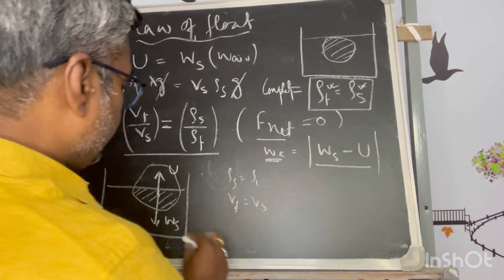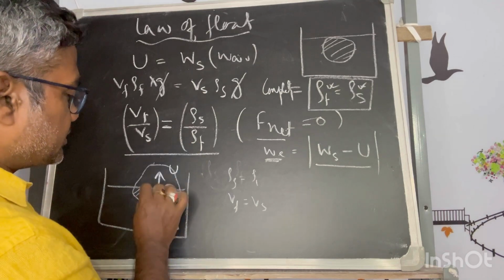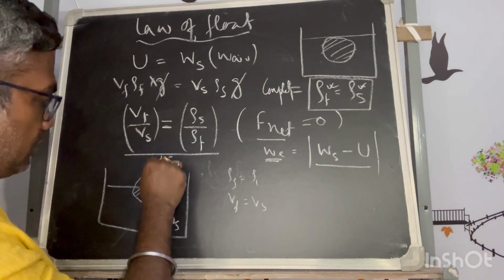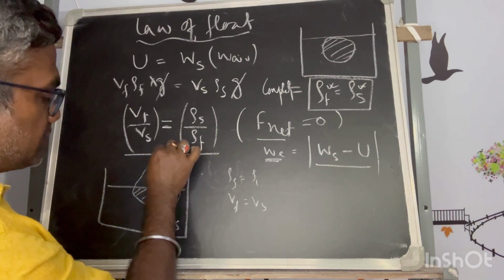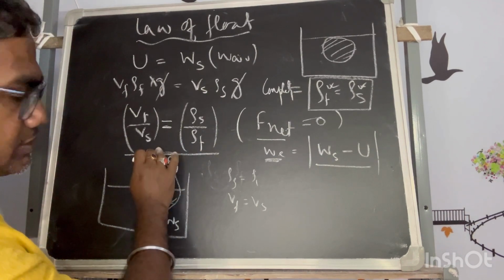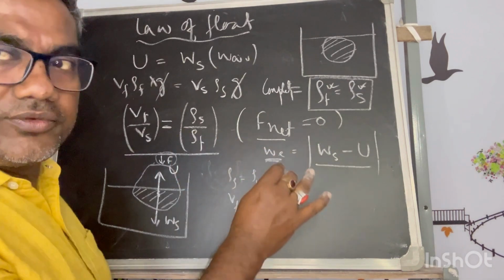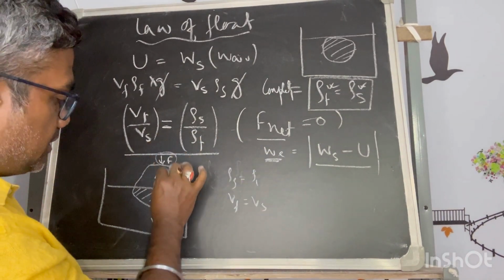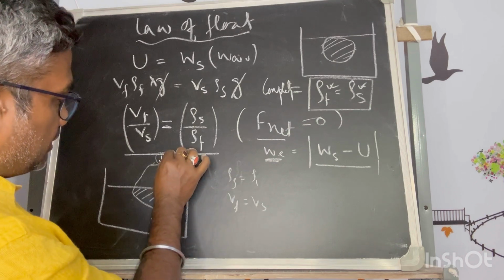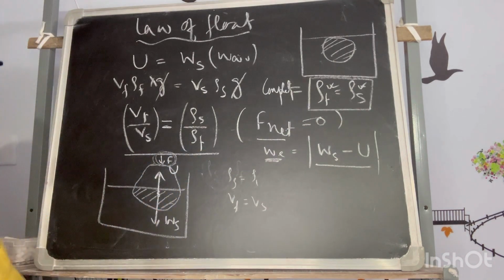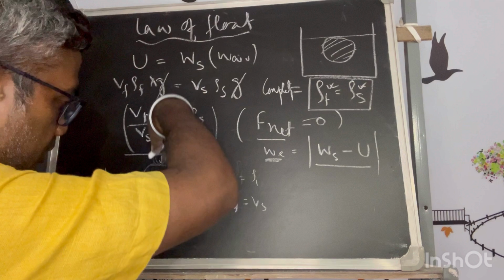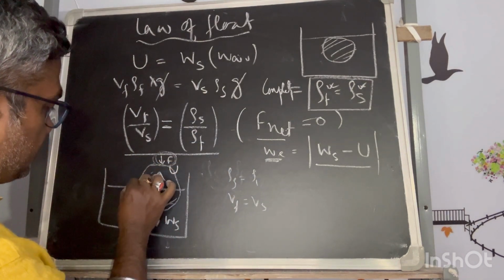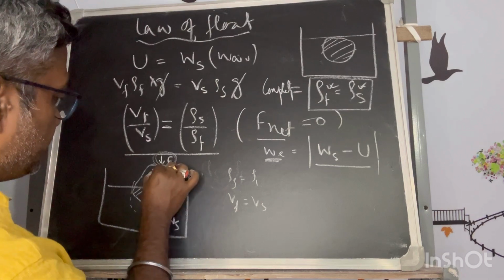If I put another force here, it will slowly come down due to this imbalance of force. But when the force is removed from the body, it will return to the initial condition, because the force is absent.